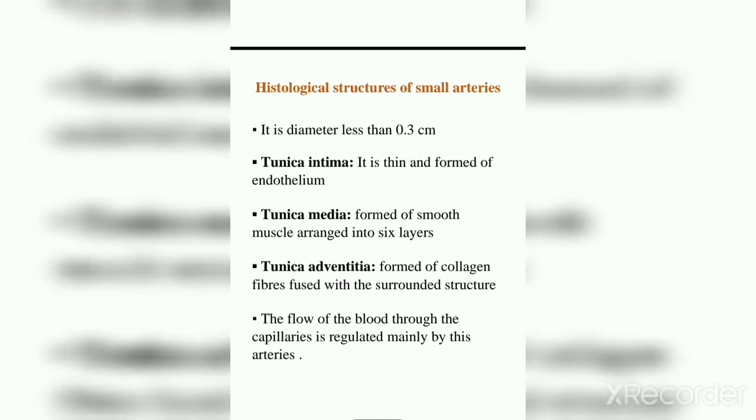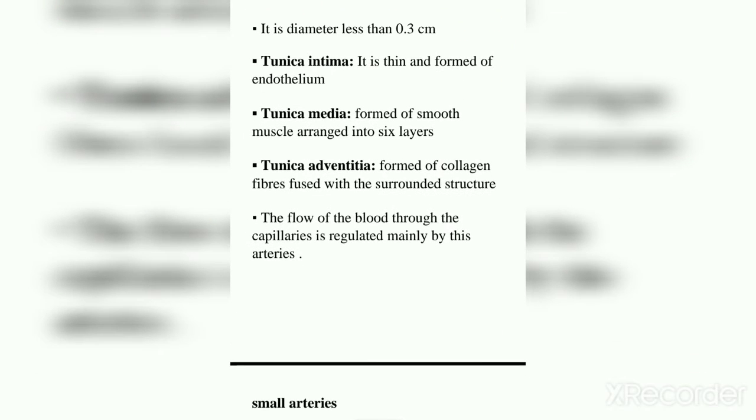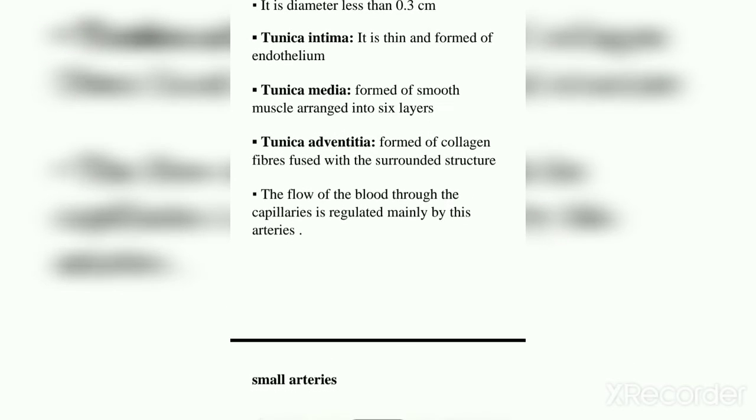Histological structure of small arteries. Their diameter is less than 0.3 cm. The tunica intima is thin and formed of endothelium. The tunica media is formed of smooth muscle arranged into 6 layers.